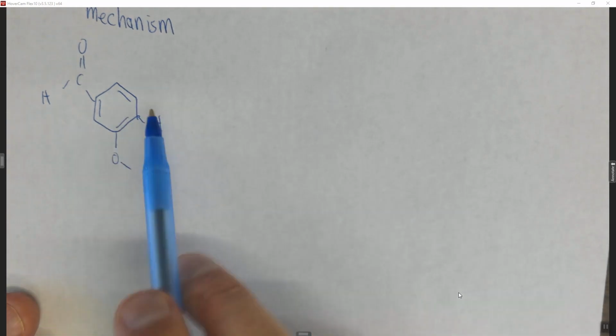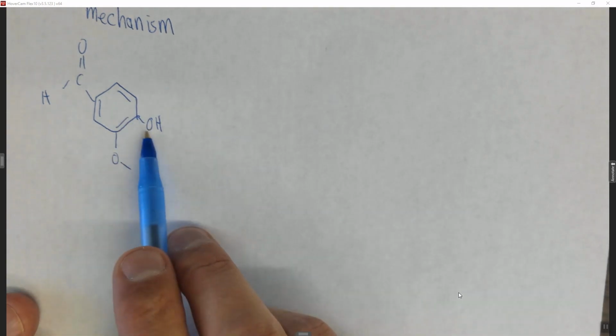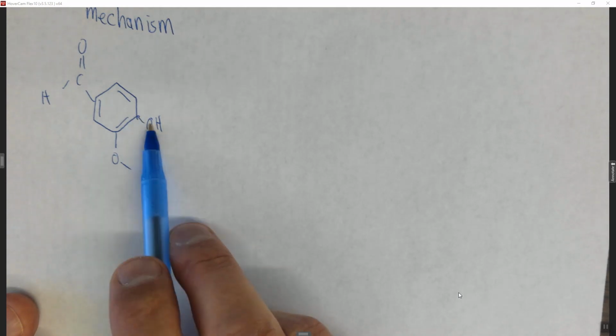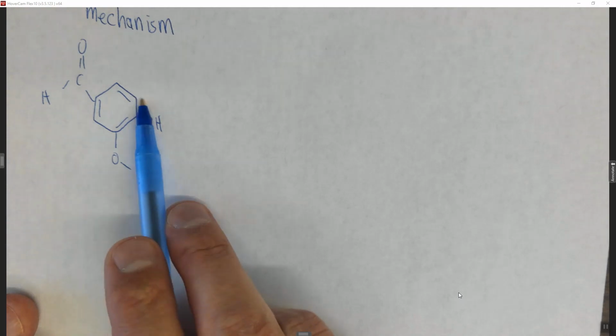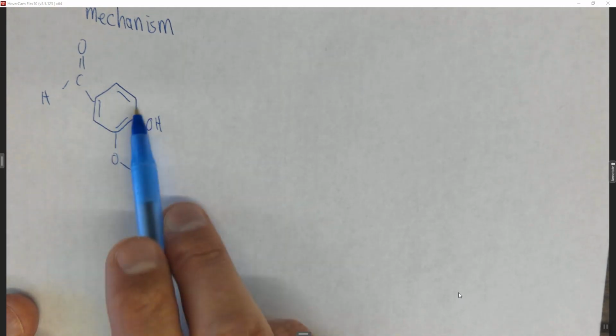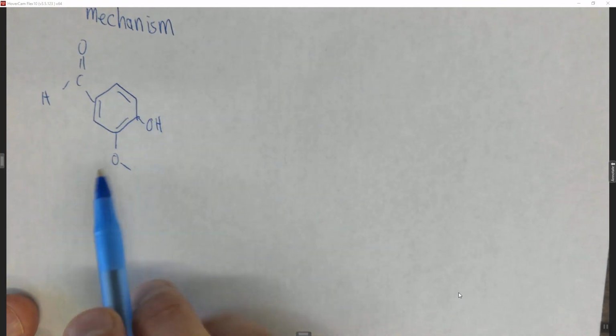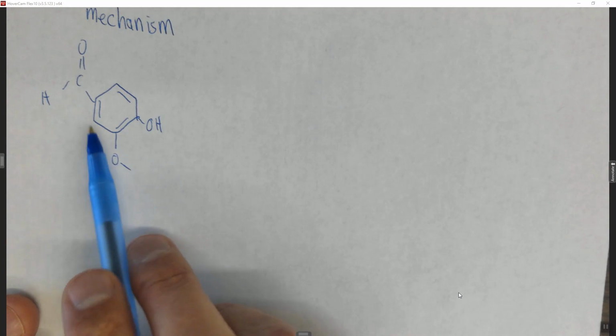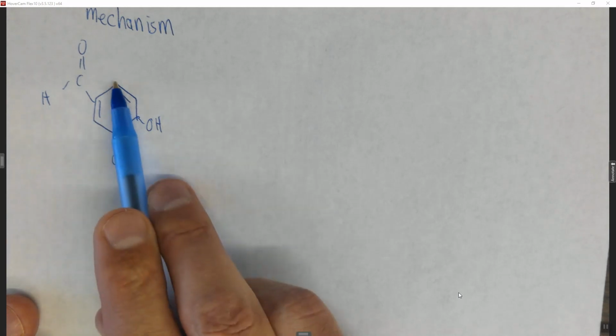So if we look at this molecule here, this is going to be an ortho-para director, right? Because this is an activating group. So it would direct here, here, or here. This is the only spot that's not blocked. This one is also an ortho-para director, so it would direct here, or here, or here.